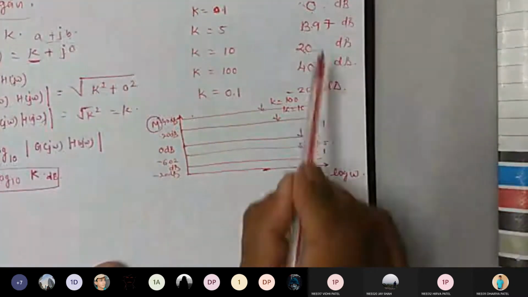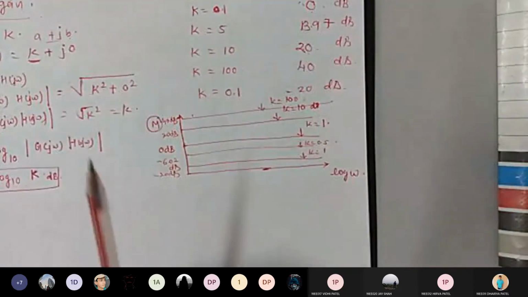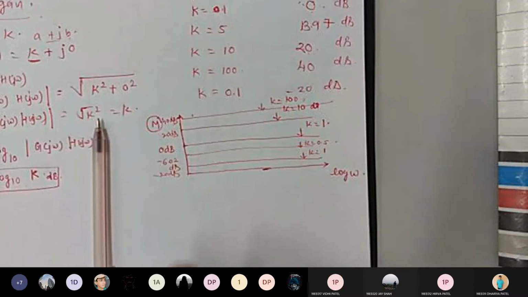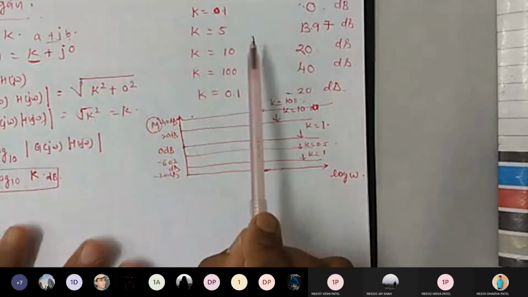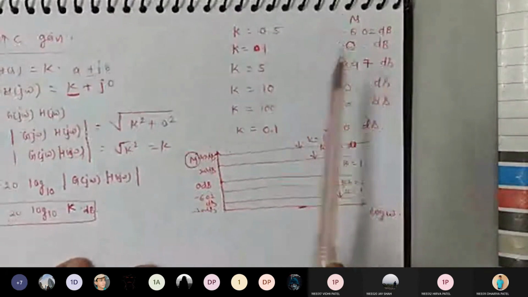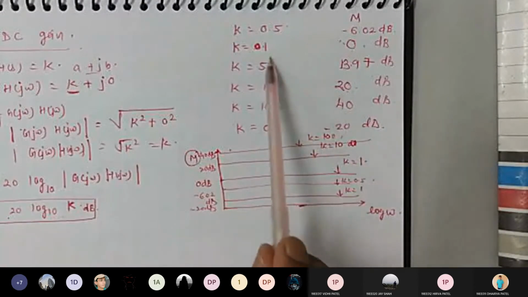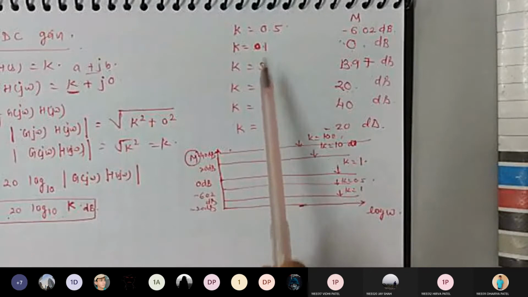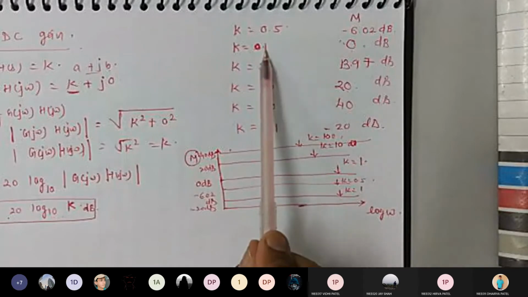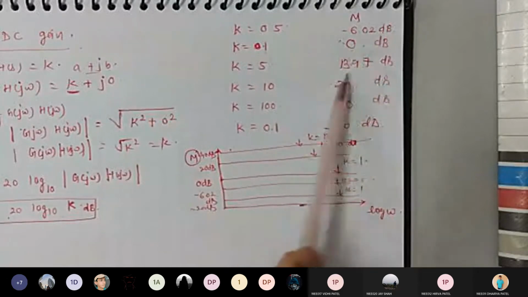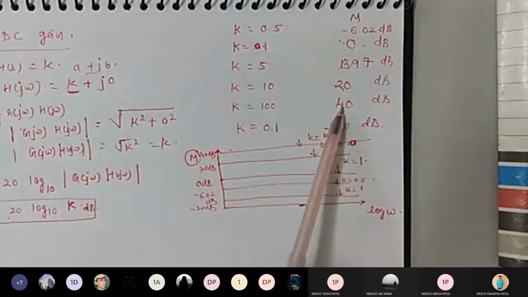What can we conclude from this? If the K value is more than 1, then your dB value is positive.